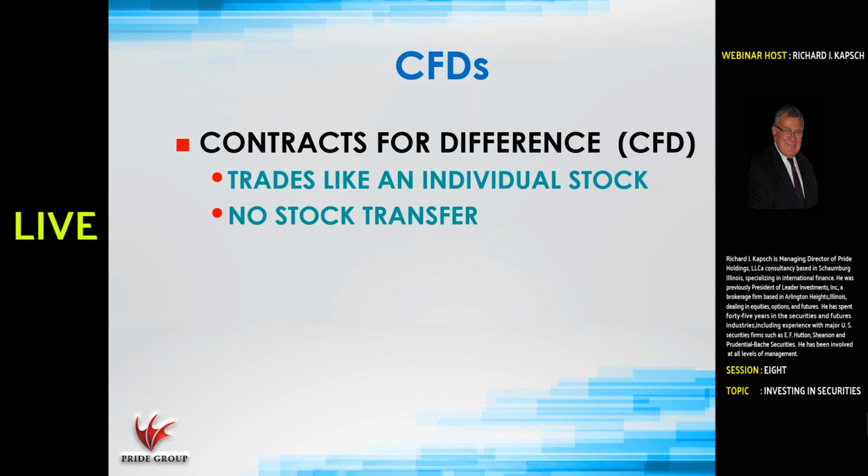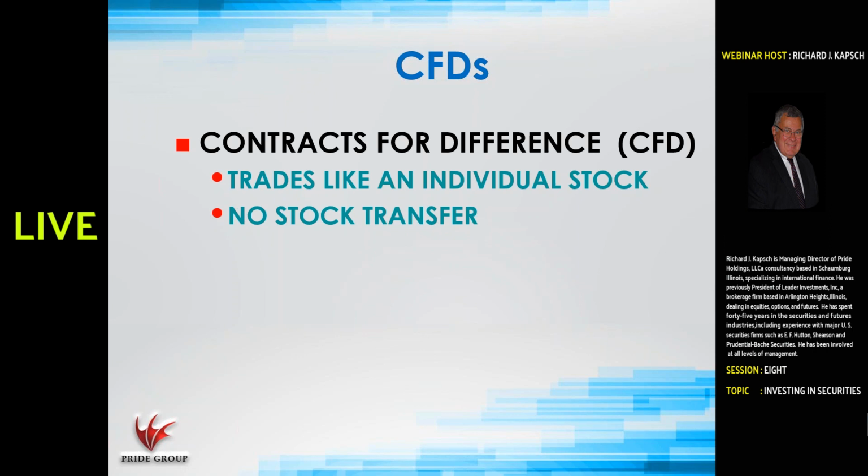The difference is when you buy a CFD, let's say on IBM, you're not getting ownership in the company, and you don't have that formal connection between you and the company in terms of stockholders. So basically, you're simply hoping that when you buy an IBM CFD, the price of IBM appreciates, and when it goes down, you're going to lose.